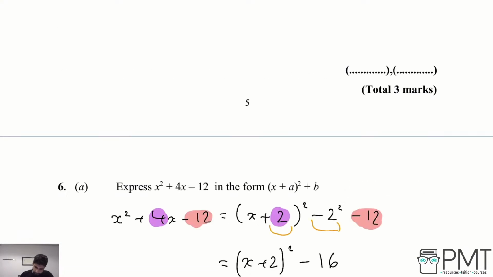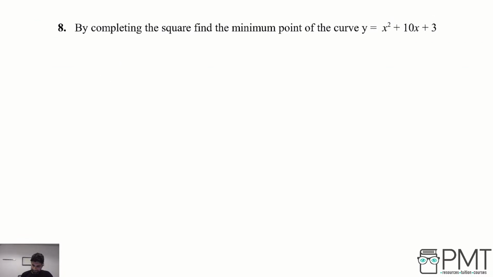So I will start by solving this. We have got y equals x squared plus 10x plus 3. You can see that this question isn't split into two. It just says find the minimum point. So we are gonna complete the square.